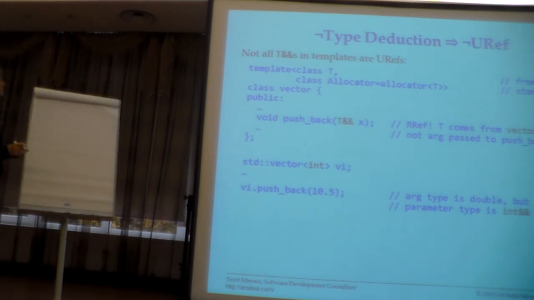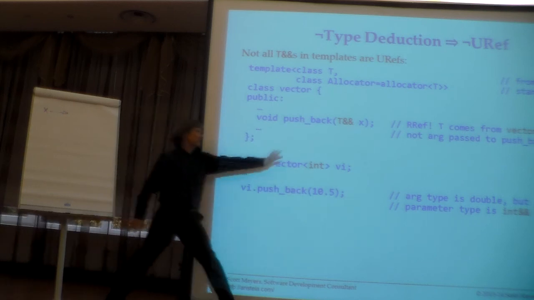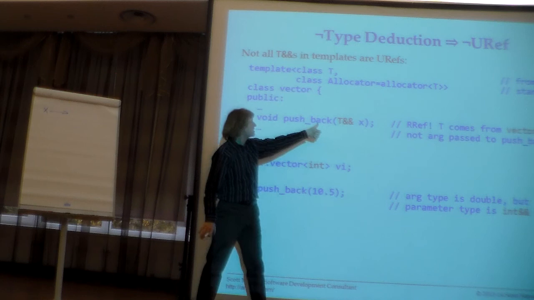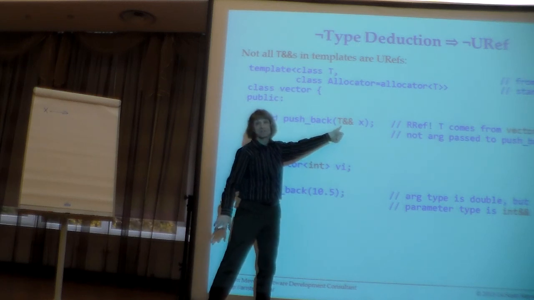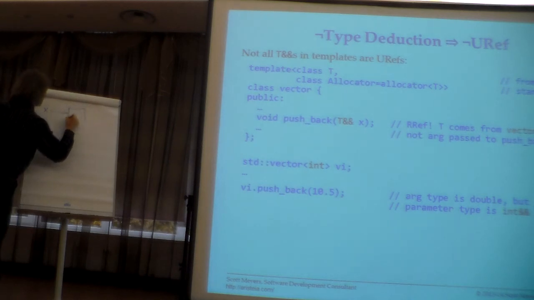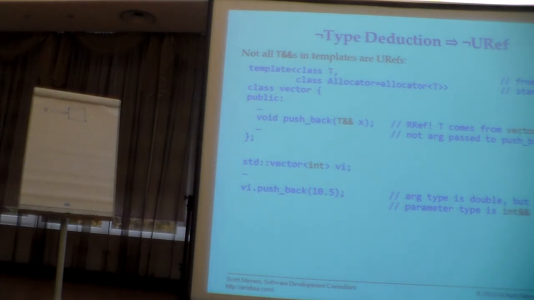Let me do this a little differently. We know that x is a reference, which means it has to refer to some chunk of memory. And it's a reference to an int. So it's going to refer to some memory that is of type int.